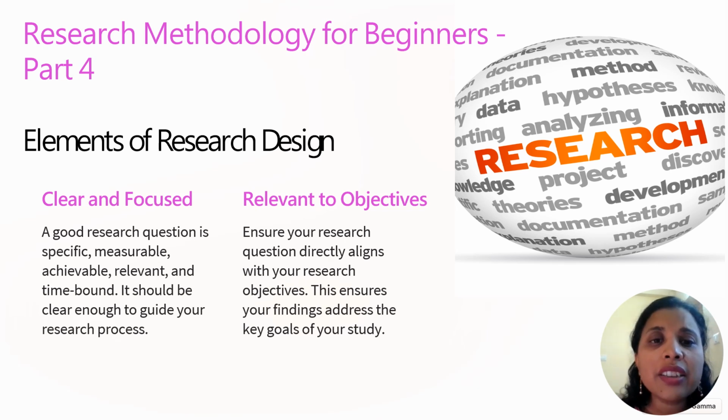So, research design is always relevant to your objectives, which I will show in the next slides, how to go about your research methodology related to your objectives, with a sample.